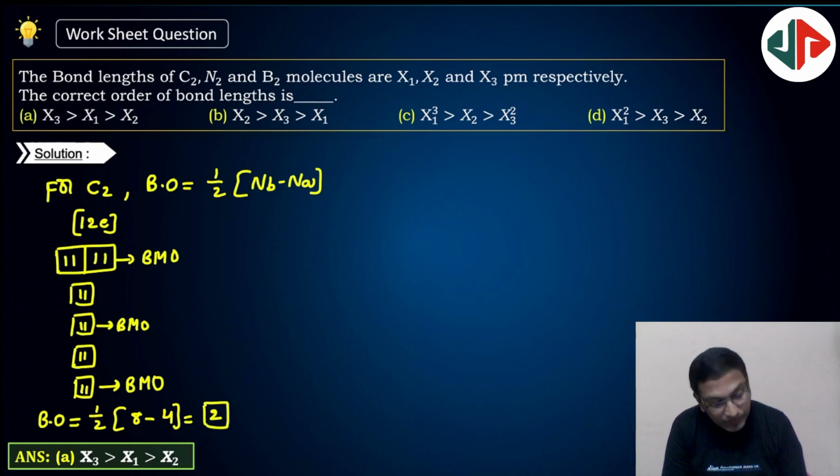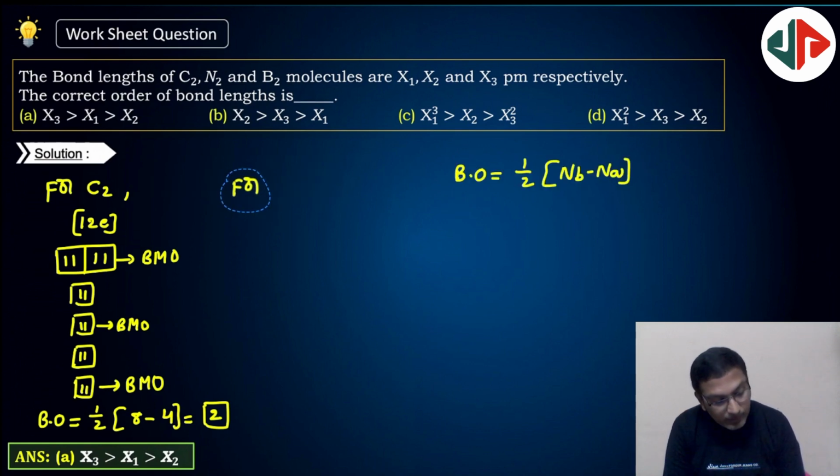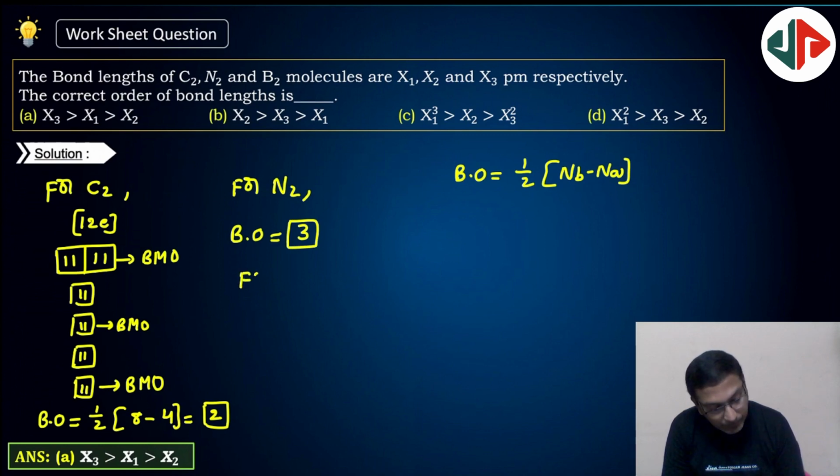Similarly for N2, we know bond order is 3. 3 bonds between 2 nitrogen atoms. Clear.